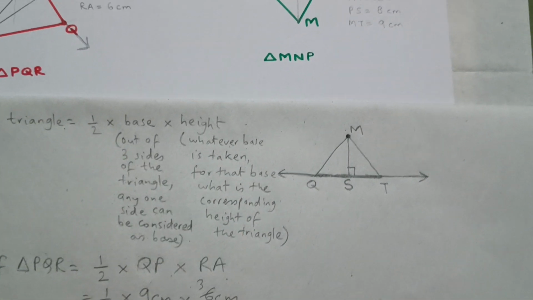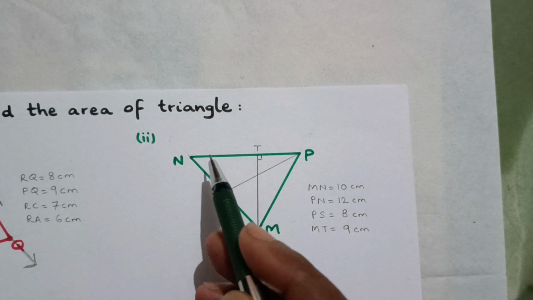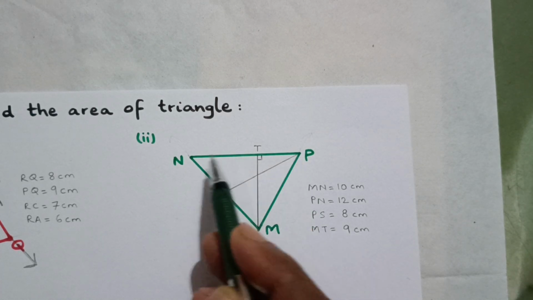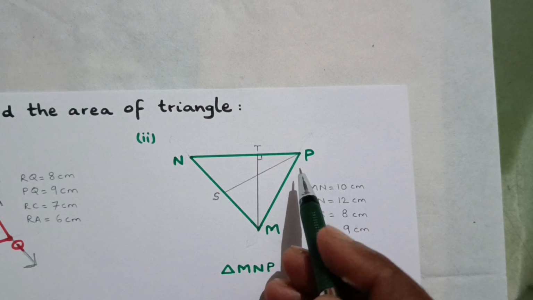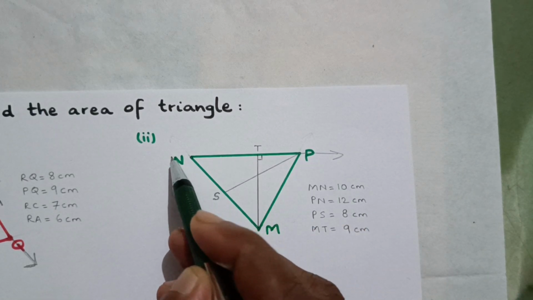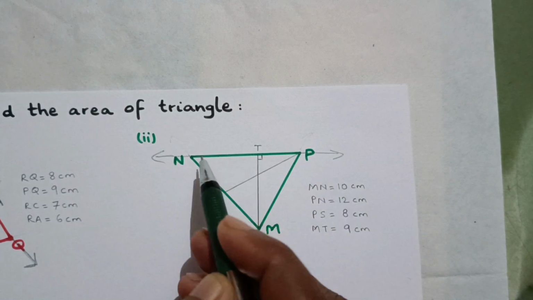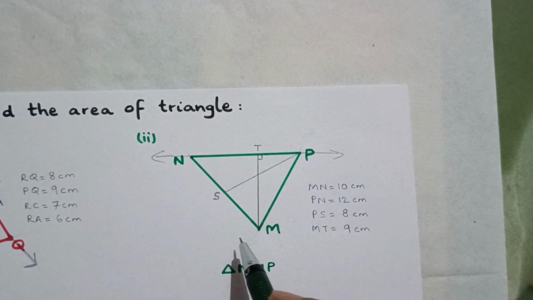Now let us find its corresponding height. So NP is this side. So let me extend the lines in both the directions. So on this line, side NP sits.